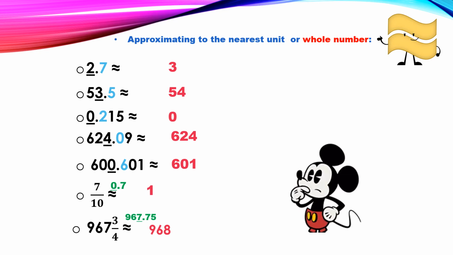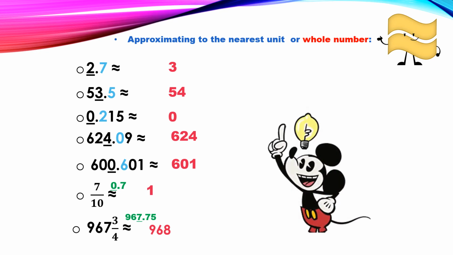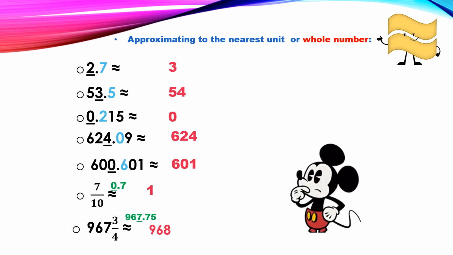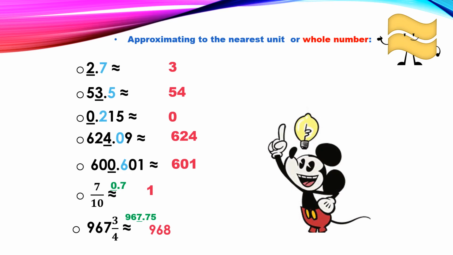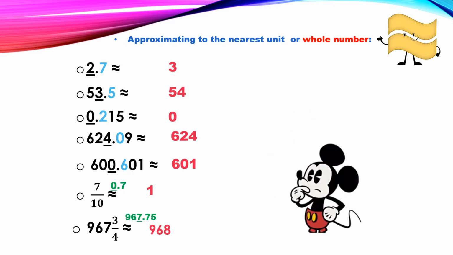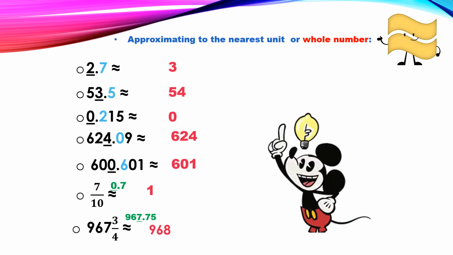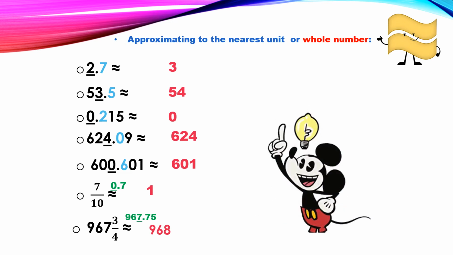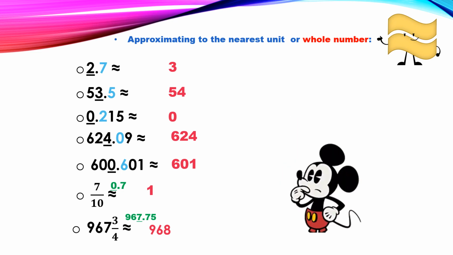Okay, another question, and the last question. 967 and 3/4. As we know before, we neglect the fraction, but here I can't neglect the fraction. I will convert this fraction to decimal first. How could I convert 3/4 to decimal? I must make the denominator 10 or 100 or 1000.